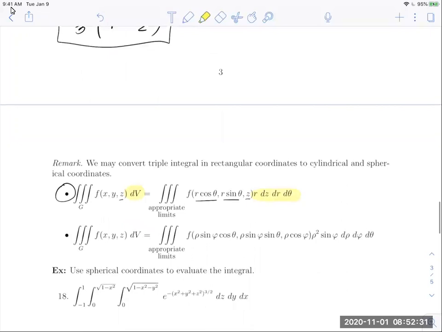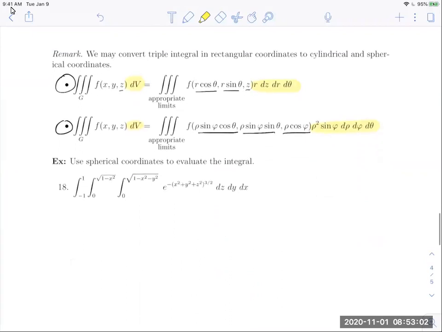And then in spherical coordinates, x is rho sine phi cosine theta, y is rho sine phi sine theta, z is rho cosine phi, and then dV transforms into rho squared sine phi d rho d phi d theta. So again, these things I'm not really interested in you memorizing them. I'll provide them on the equation sheets for the exam, but I want you to be proficient in using these concepts.